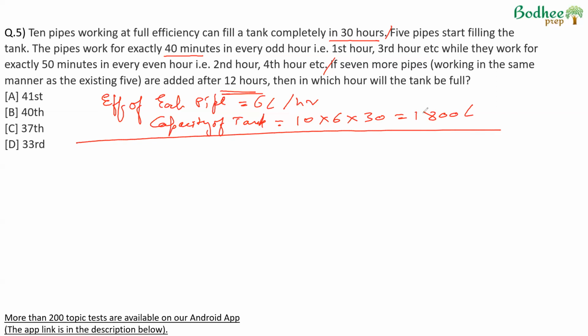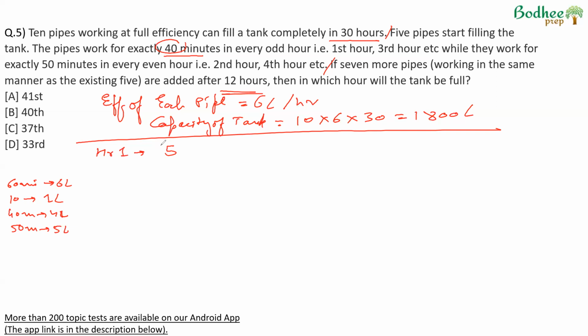Now what happens is, in hour 1, there are 5 pipes which are working for 40 minutes. If a pipe works 60 minutes, it fills 6 liters. That means in 10 minutes it will fill 1 liter. Therefore, in 40 minutes it will fill 4 liters, and in 50 minutes it will fill 5 liters. Basic unitary method: divide by 6, multiply by 4, multiply by 5.